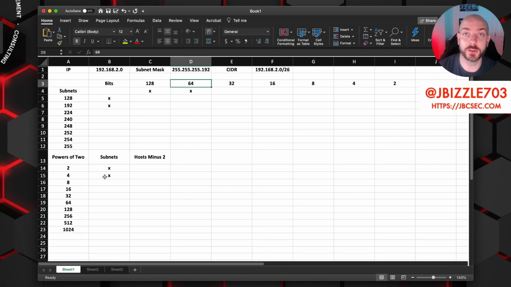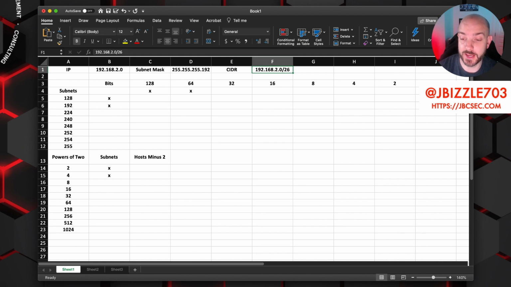What that does is that shows us that there are 4 subnets with 64 IP addresses in each of them that makes up a /24. You also notice up here at the top, we did the CIDR notation for it as well. So you'll see that a 192 address equals a /26 address.